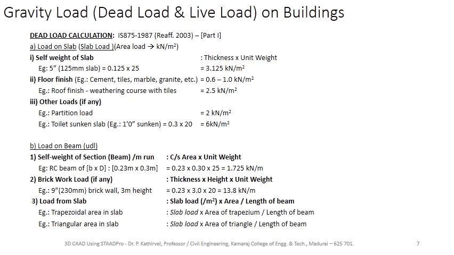The self weight of the beam is arrived by multiplying the cross sectional area into the unit weight, and brickwork load if any is arrived by multiplying thickness into height into unit weight of brick, and then load from slab is arrived by multiplying the area load into the area contribution, either it may be triangular or trapezoidal based on the yield lines, by which the load is converted into UDL on the beam.